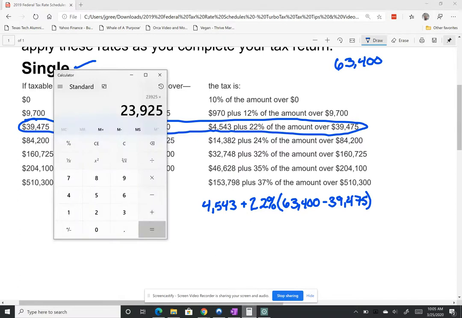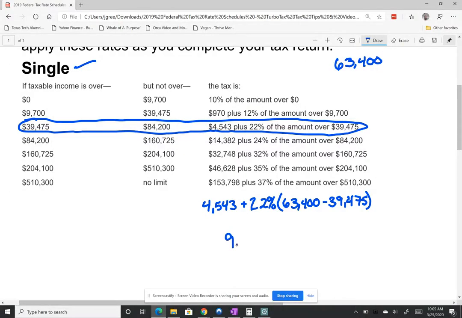Okay. Times 0.22, $5,263.50 plus 4,543. So our total tax is $9,806.50.